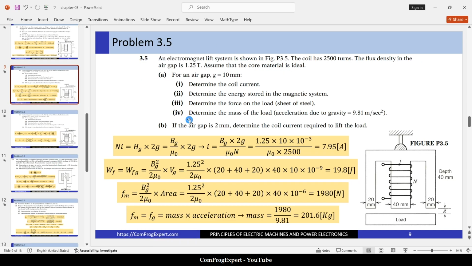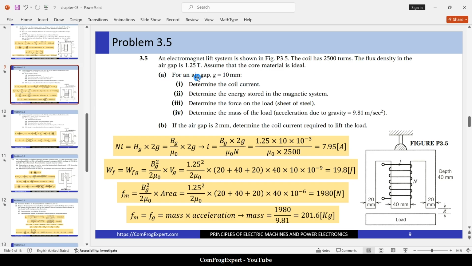Problem 5. An electromagnet lift system is shown in figure 3.5. This one. The coil has 2500 turns. The flux density in the air gap is 1.25 Tesla. Again, assume that the core material is ideal.